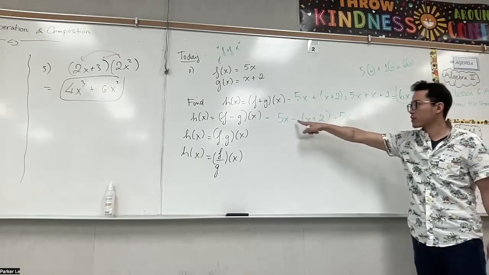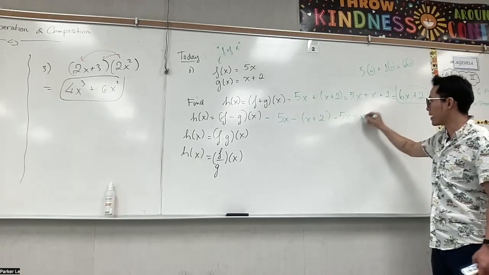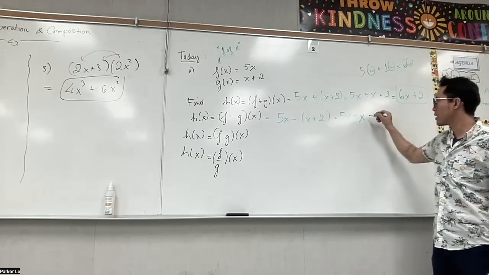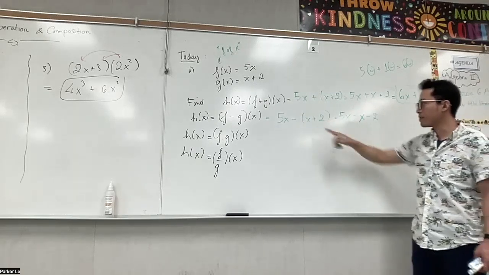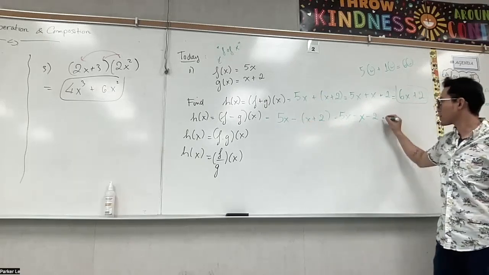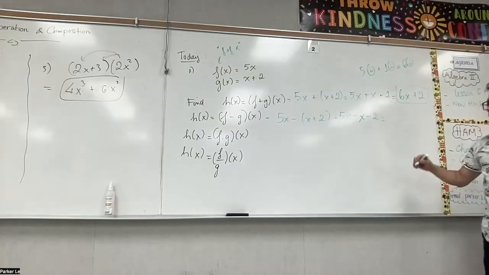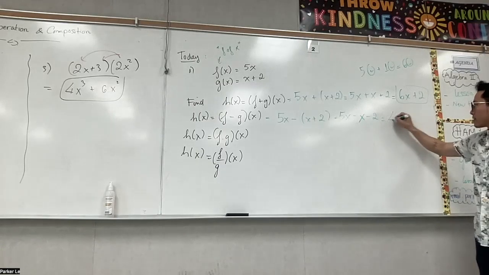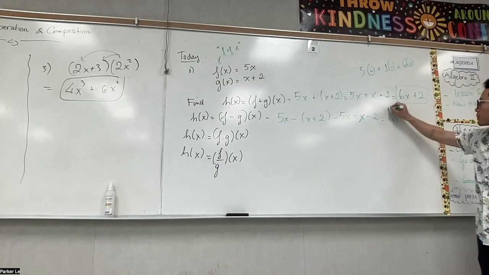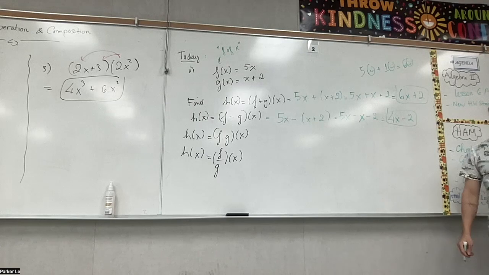This is positive, so I need to flip it to become negative because of the negative in the front. What is 5x minus x? 4x minus 2. That's the answer. So if you take notes on a separate paper, make sure you combine them. Keep them. Don't lose it.